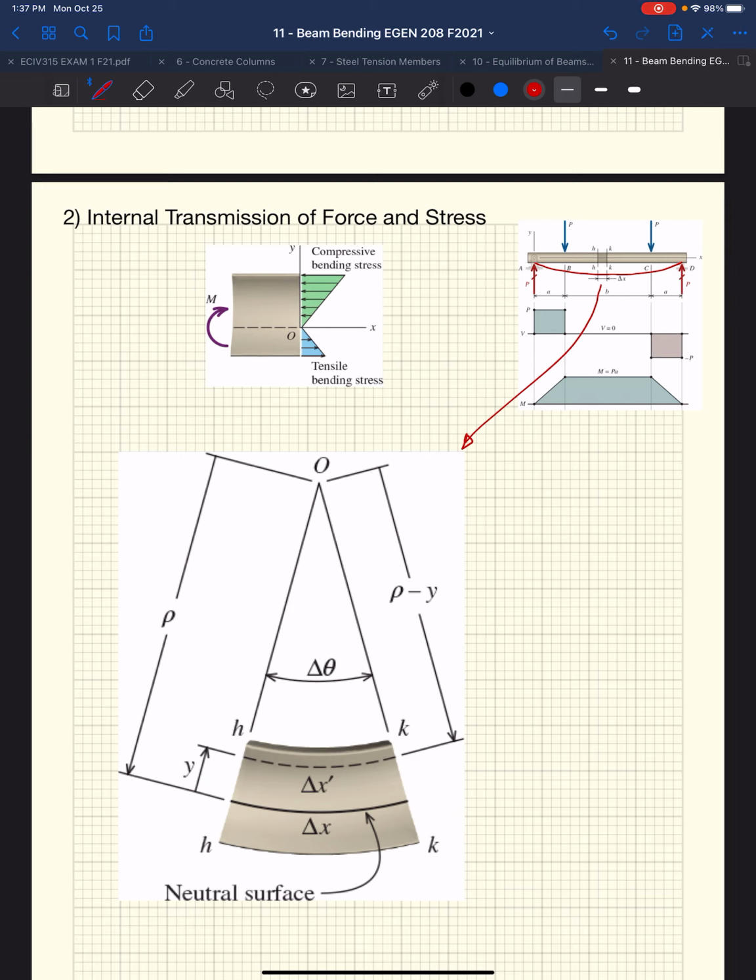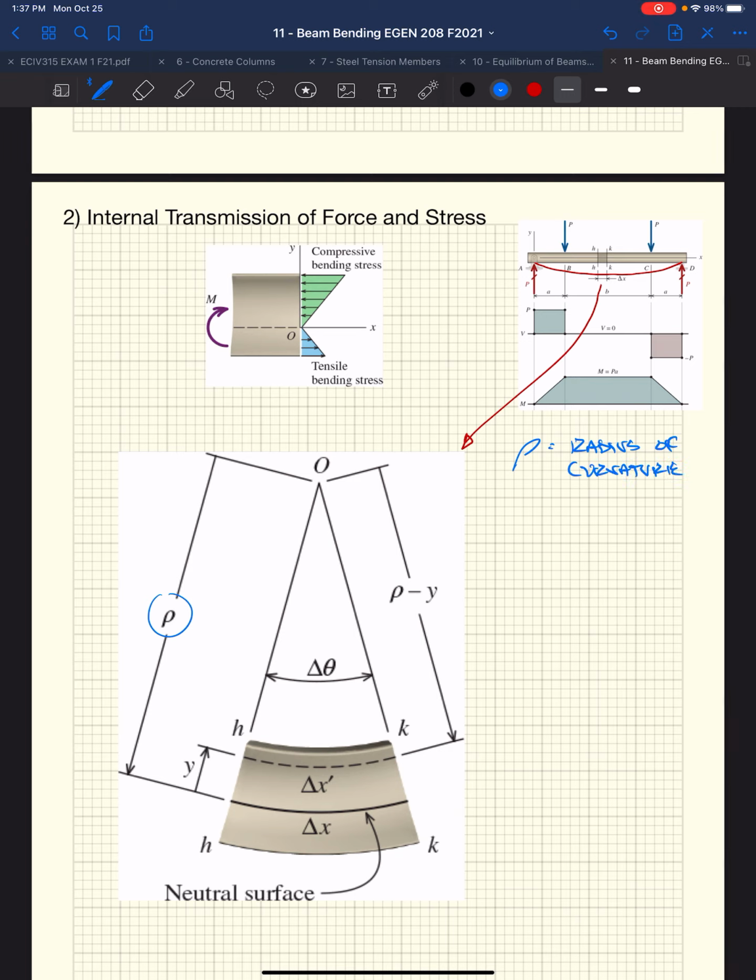That curve, this guy here, rho, is what we call our radius of curvature. So if we look at what we call our neutral surface, that's the point where there's no stress.